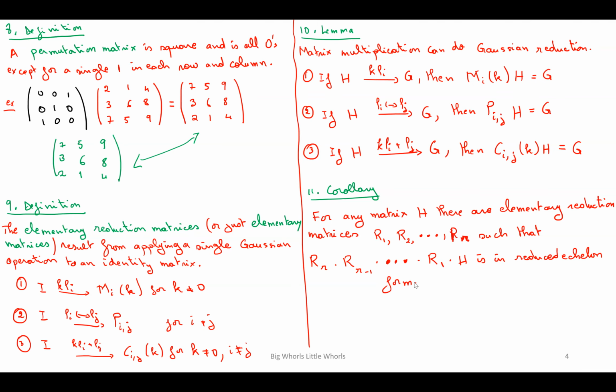So basically what we are going to do in the next video, the tutorial, is we will be given a matrix and we will multiply that matrix by elementary matrices so that at the end we can get a reduced echelon form matrix, or an identity if it is a square matrix and non-singular, but we are not guaranteed the identity.